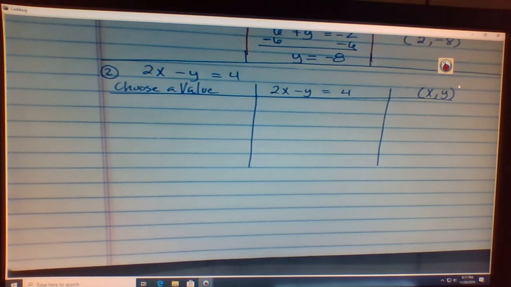How many times do you want to do it? At least 3, because remember, you always look for 3 points just to make sure they are on the straight line. Yeah, so actually, that's how you're doing, just graphing.